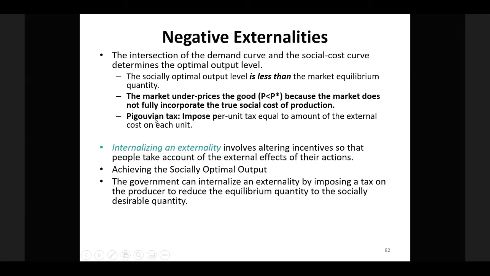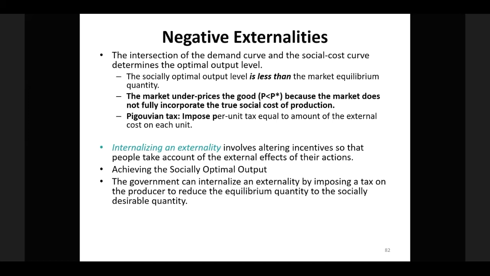And then also the market underprices the good because the market does not fully incorporate the true social cost of production. The true social cost of production includes the external cost. And if the market does not factor that into the production function, the market will underprice.